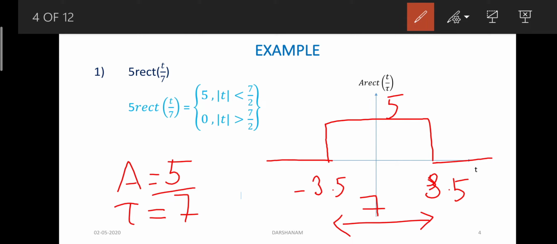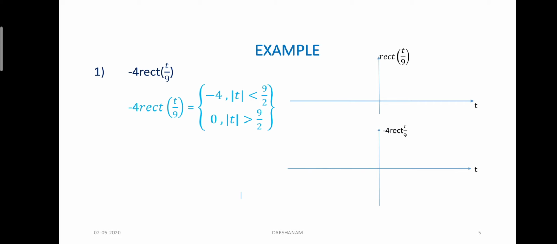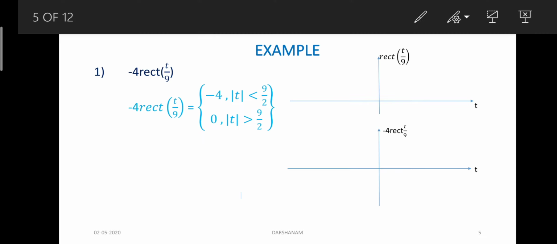Let's do another example, that is minus 4 rect(t/9). As discussed earlier, here A is equal to minus 4 and tau is equal to 9. The value tau, which is 9, will be equally divided on both sides of the y-axis, and the magnitude of the signal in this limit will be minus 4.